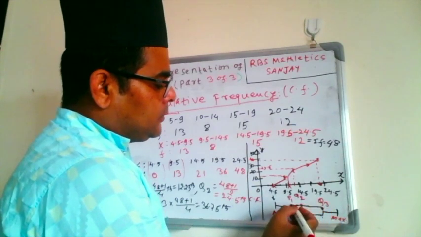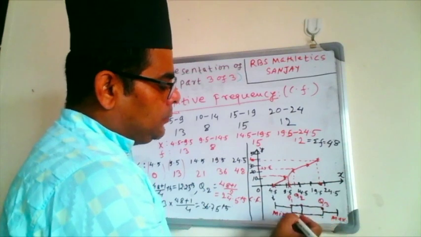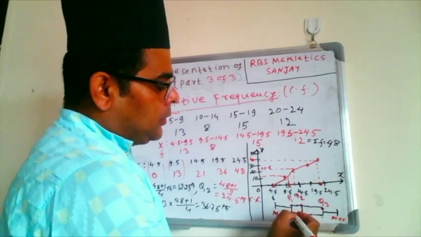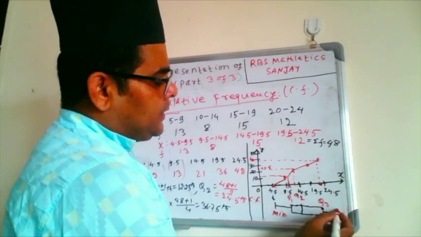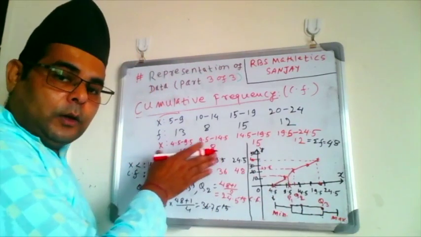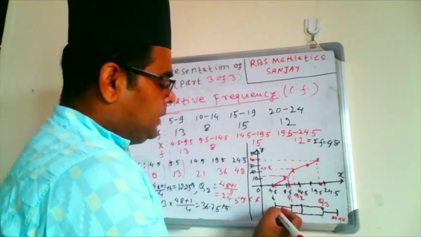Then, taking reference of Q1, Q2, Q3, I am considering this box. You can see this line for Q1, another for Q2, another for Q3. I have also taken the maximum value among the whole set of data, and the minimum value also I have taken into consideration.